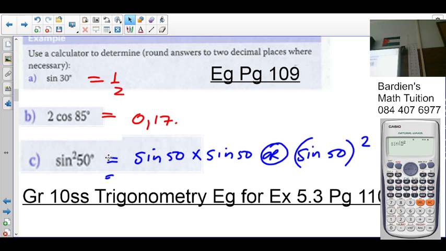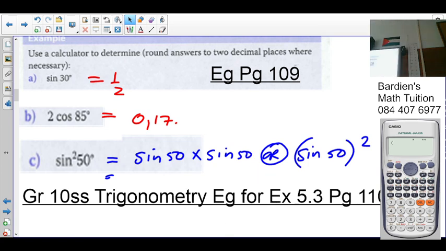Alright, so what do we get? So we put in the calculator, open brackets, sine 50. Let's go again here.